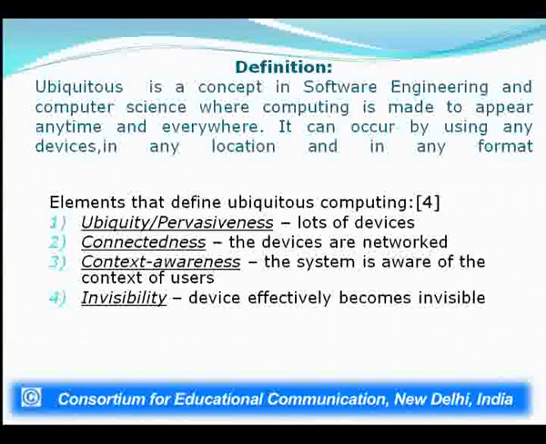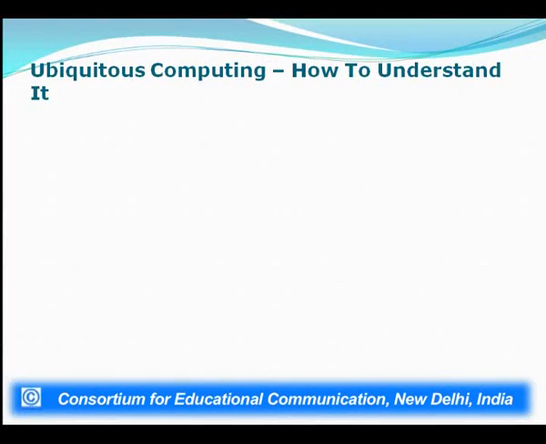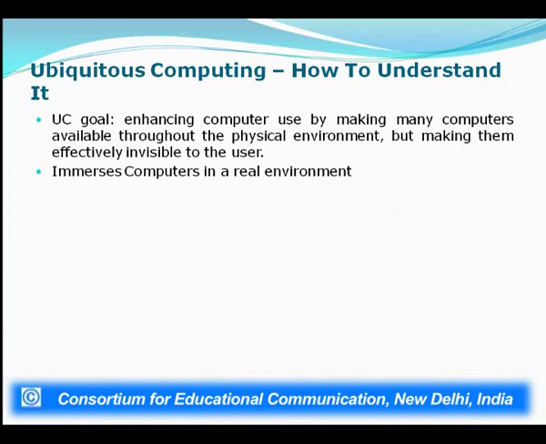Users are capturing information which is needed in the computations, but they are not aware of it. So basically the goal of ubiquitous computing is to enhance computer use by making many computers available throughout the physical environment, but making them effectively invisible to the user.